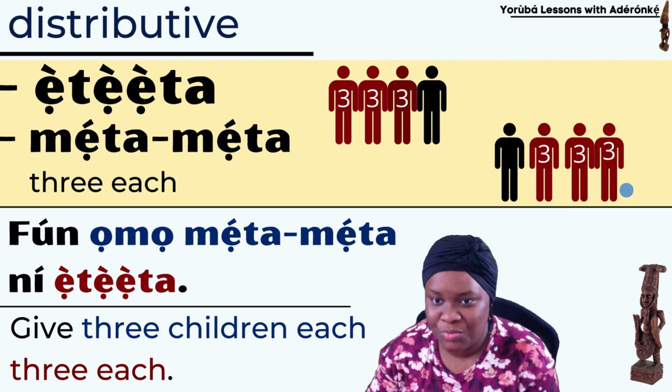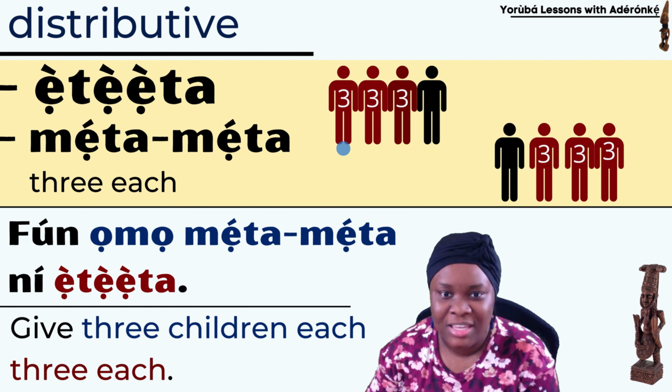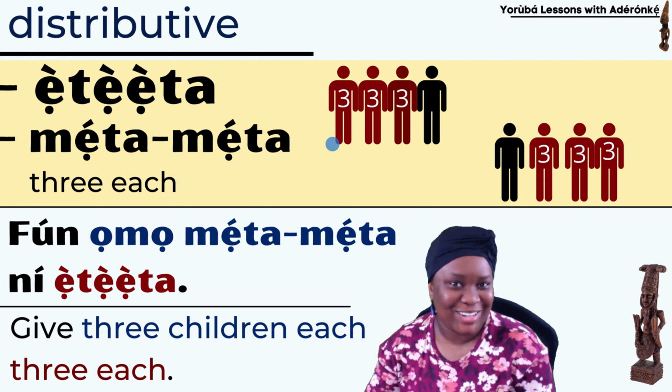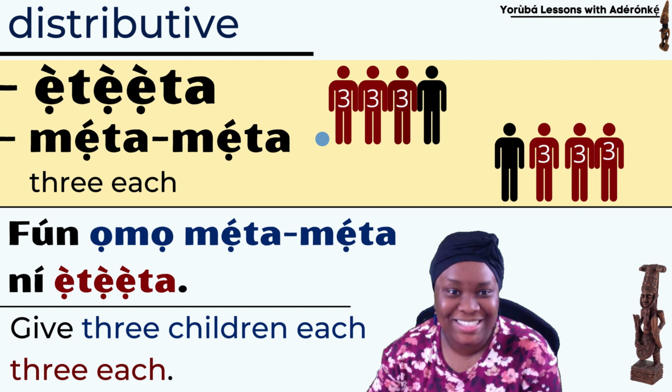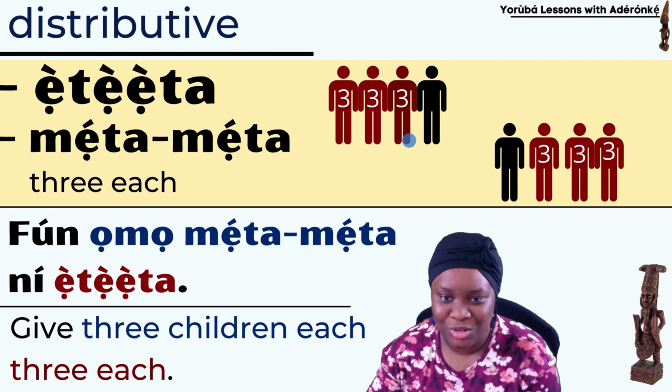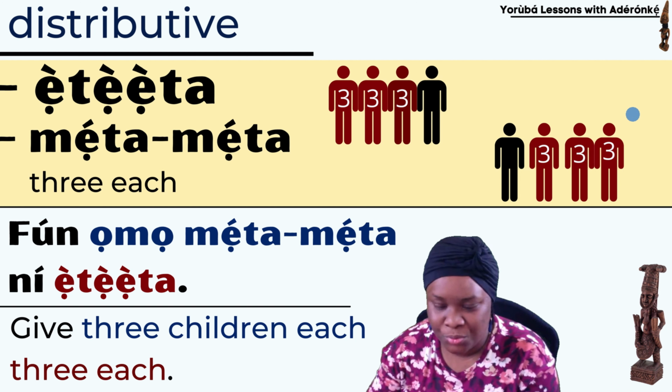So there's this group of 2, right? 4 here, 4 here. Sorry, now it's getting a bit tricky, isn't it? Give 3 children each, 3 each. Give this one 3, give this one 3, give this one 3. You're taking 3 out of each group and you're giving them 3 each. Fún ọmọ mẹ́ta mẹ́ta, 3 from each group. Now give them 3 each.